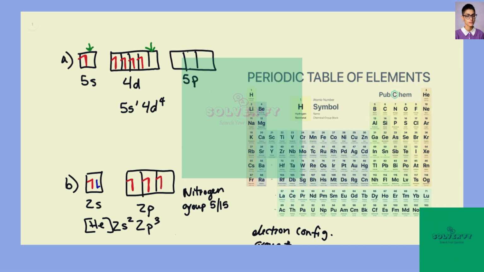Well, remember your weird cases of chromium and copper, right? Because they're right before the places of manganese and zinc, the ones that are 5 and 10, they have that tendency to take this paired electron and shift it over here, right?